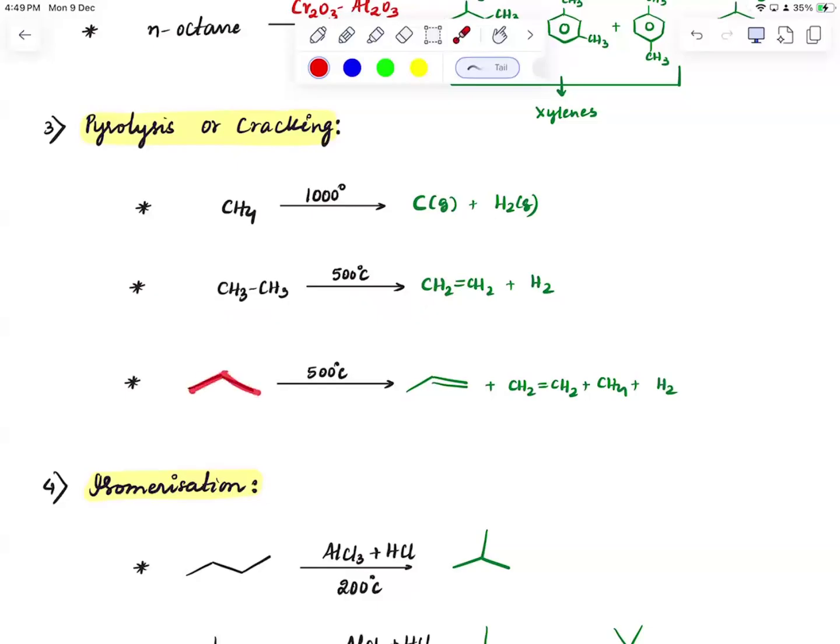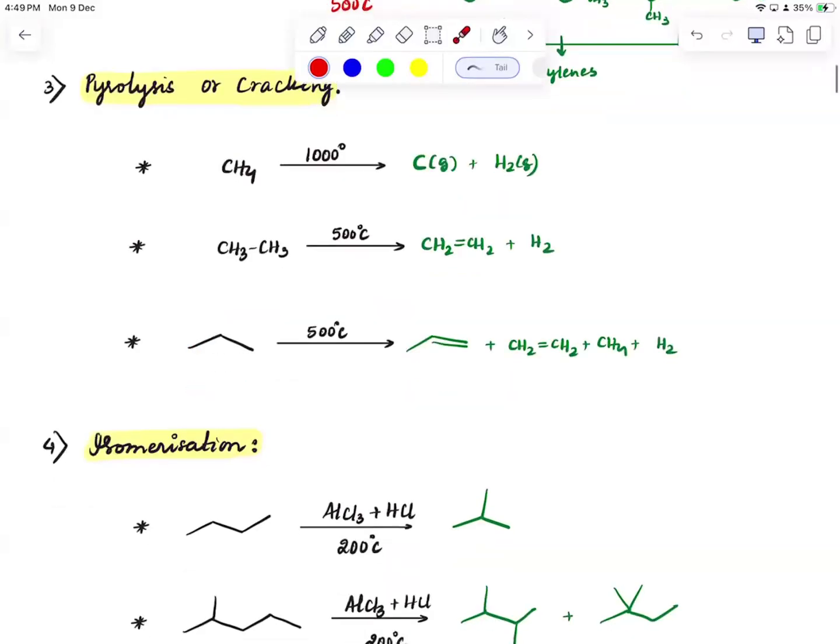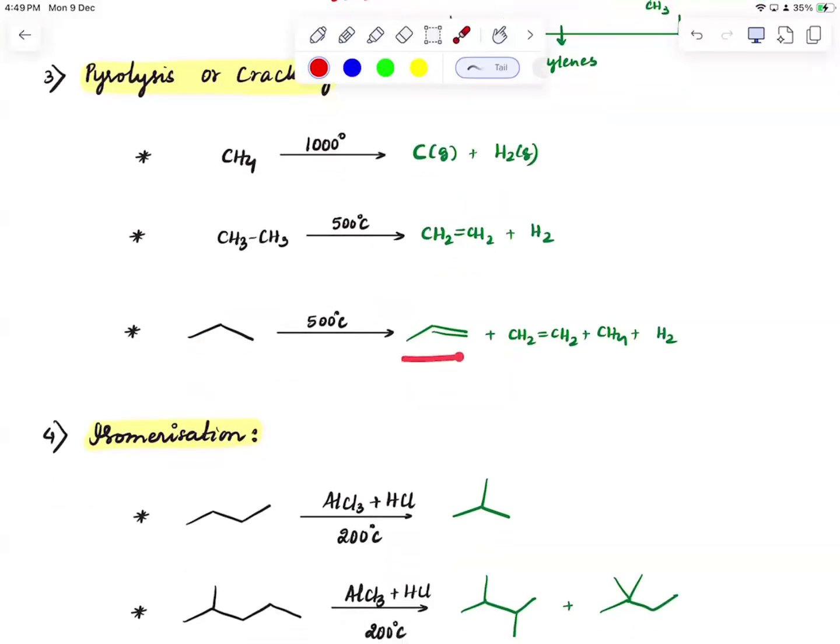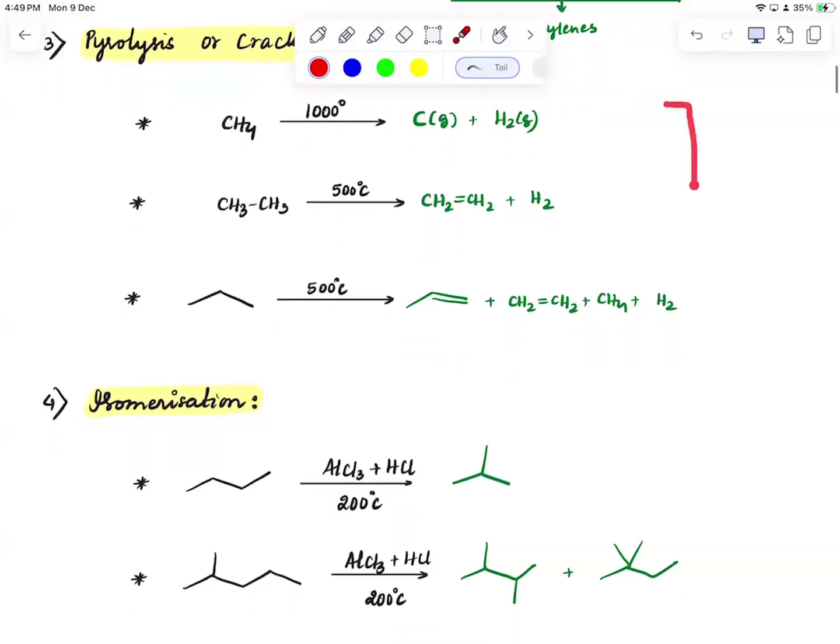If it is propane, it will give you bond broken products also. That is propene, ethene, and methane along with H2. This way, pyrolysis reaction can be carried out. You will usually get smaller alkenes and methane and the respective alkenes of the given molecule.